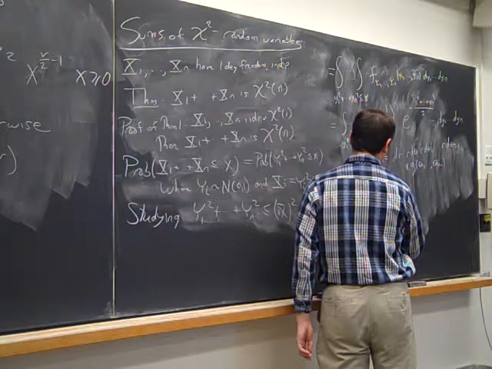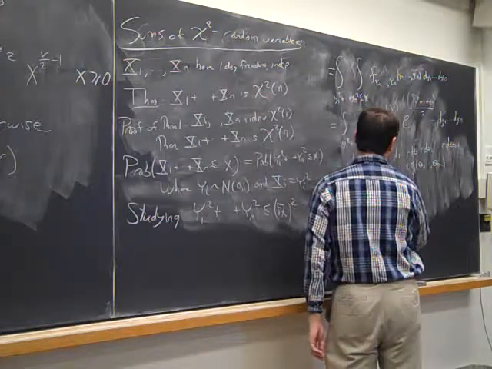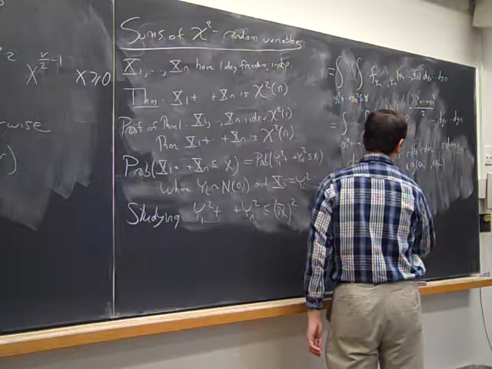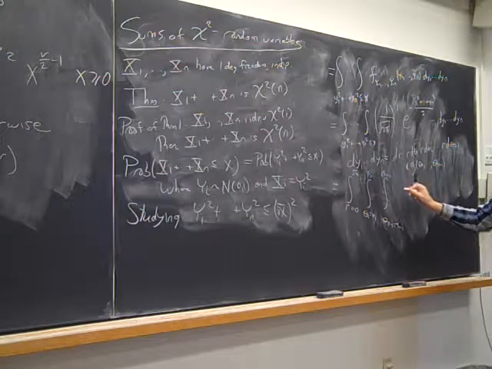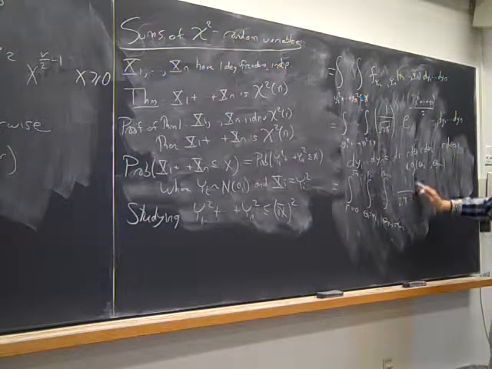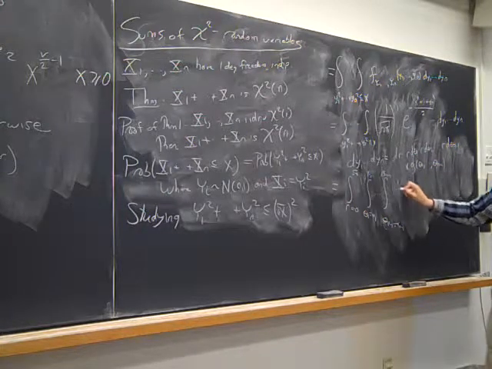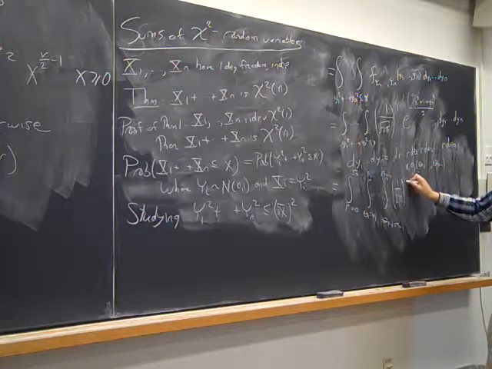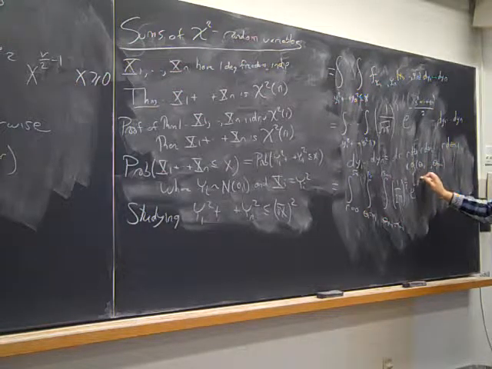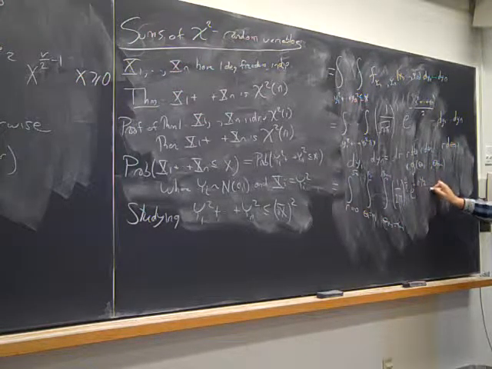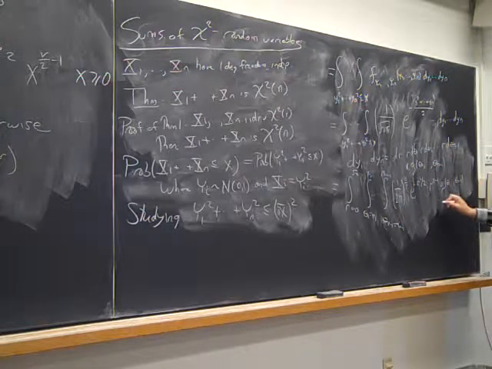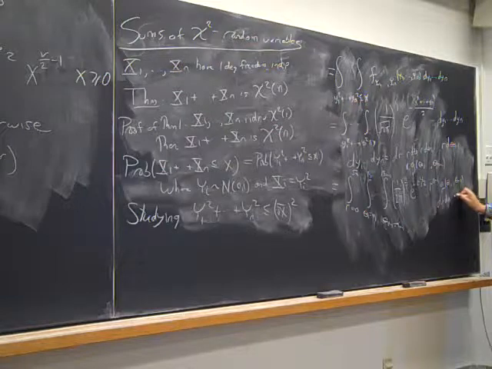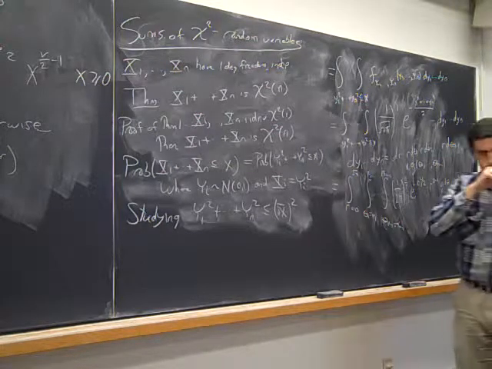Then theta 1 goes from alpha 1 to beta 1, up to theta n minus 1 goes from alpha n minus 1 to beta n minus 1. I don't care what they are. 1 over 2 pi to the n halves e to the negative r squared over 2 times r to the n minus 1 times g of theta 1 through theta n minus 1, dr d theta 1 through d theta n minus 1.